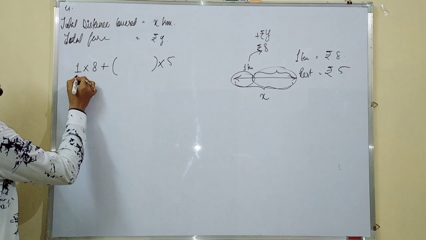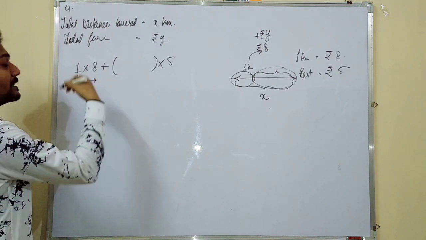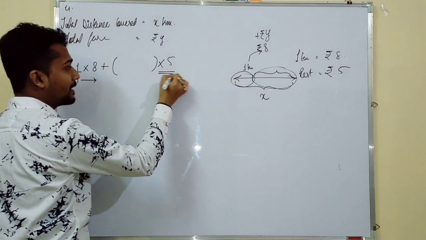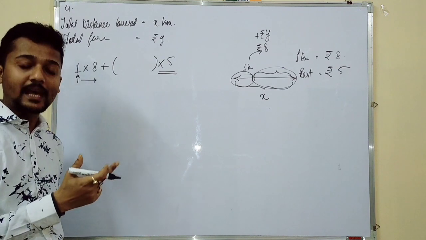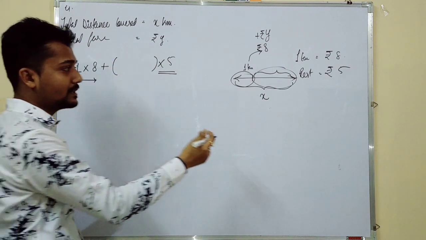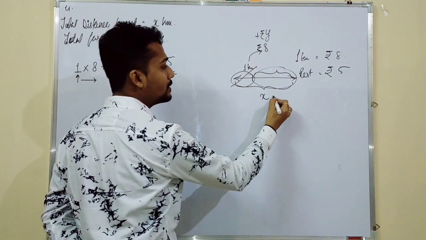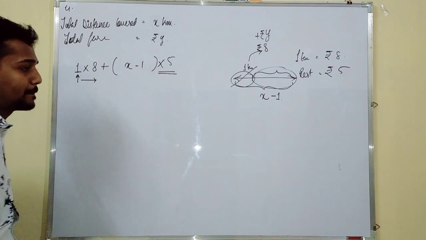So for the first 1 kilometer it was charged 8, and for the rest, I don't know how much is the rest, it will be charged 5. What was the total distance covered? x. If out of the total distance x, I take out 1, how much will be remaining? x minus 1.